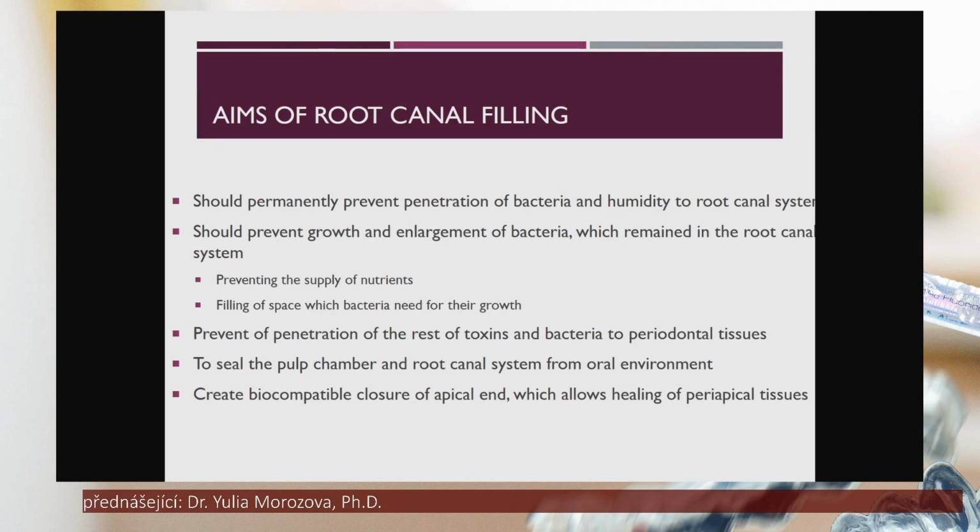The next aim is that the root canal filling should prevent the growth and enlargement of the bacteria which remain in the root canal system, because as you know, it's almost impossible to remove all of the bacteria, but the bacteria that are still present in the root canal should be so-called sealed off by this root canal filling material.